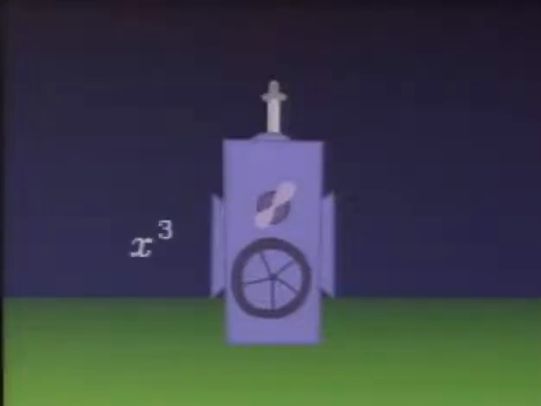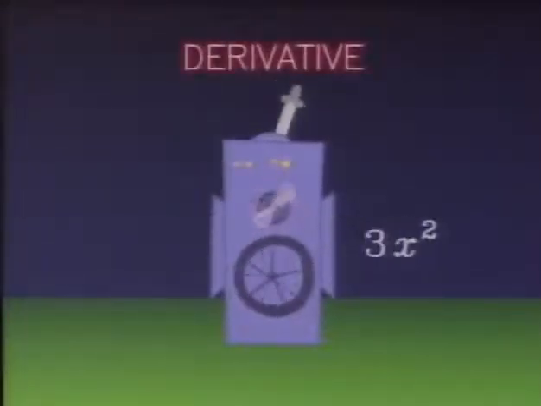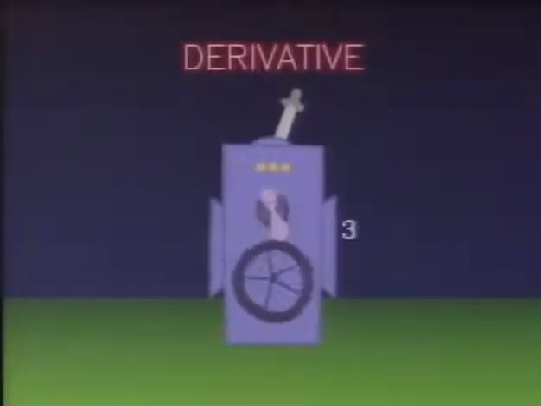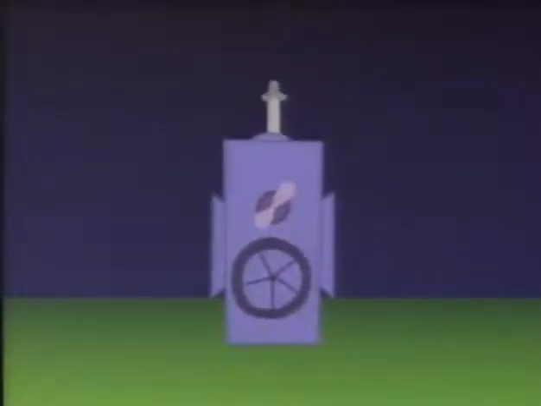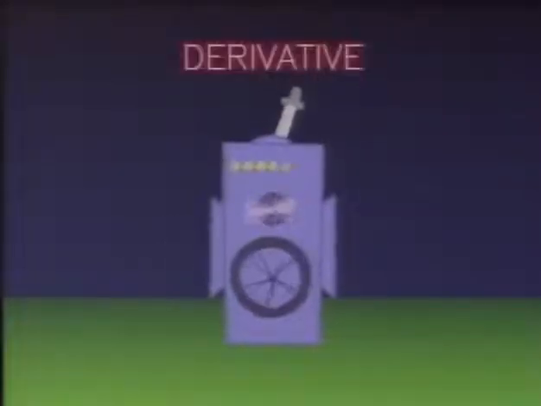Or of x to the third power, or of any power of x. The derivative of x to the power n is n times x to the power n minus 1.